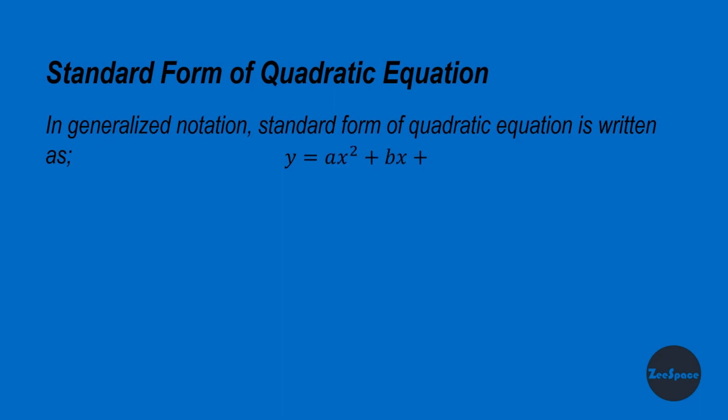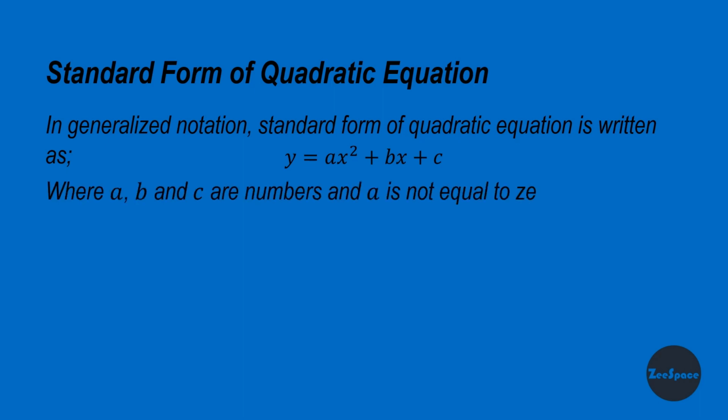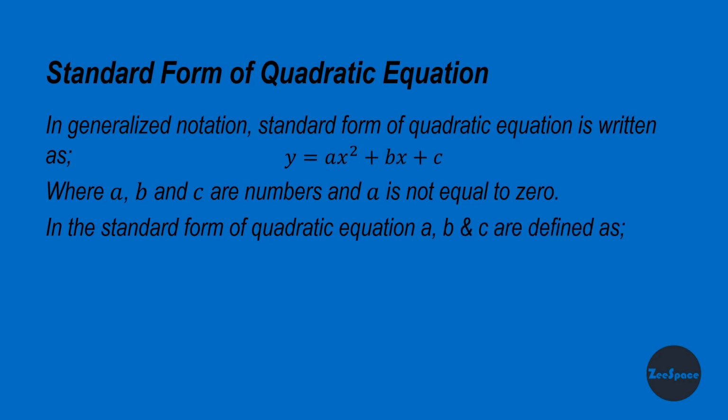Standard form of quadratic equation. In generalized notation, standard form of quadratic equation is written as y is equal to ax squared plus bx plus c, where a, b and c are numbers and a is not equal to 0.